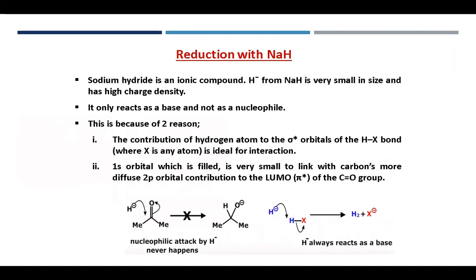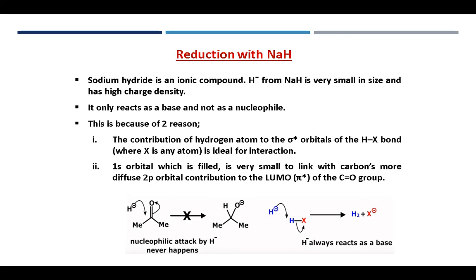Reduction with sodium hydride. A negatively charged atom like the hydride ion can act both as a nucleophile and as a base. Whether a hydride ion, H-, will act as a nucleophile or a base depends on the reagent used.